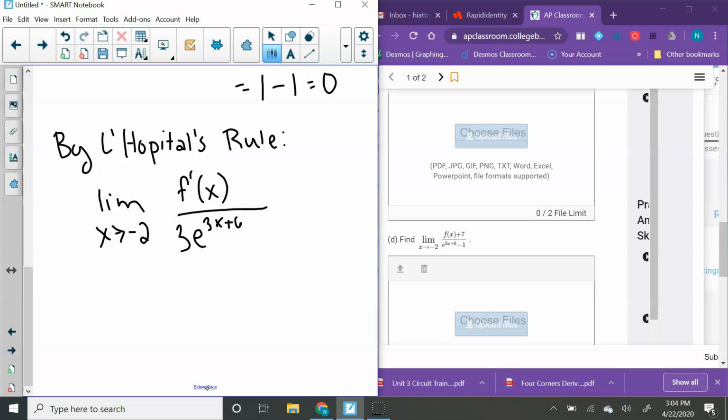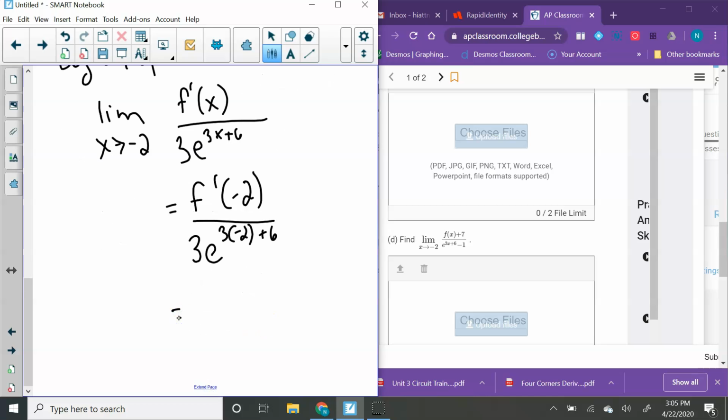Now if we plug in, I don't have to write that limit notation anymore because I'm going to plug in my numbers. So this is going to equal f prime of -2 over 3e to the 3 times -2 plus 6.